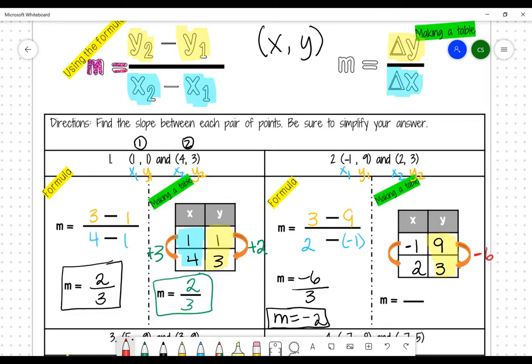It's decreasing by 6. Well, what about my change in my x values from -1 to 2? Well, that's increasing. By how many? 0, 1, 2. It's increasing by 3. So my change in y is a -6, and my change in x is a positive 3. I need to simplify. 2 ways to find your slope.